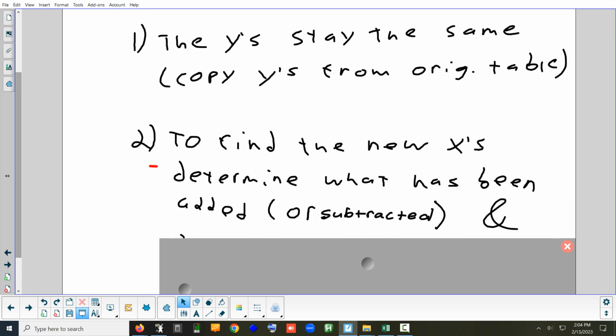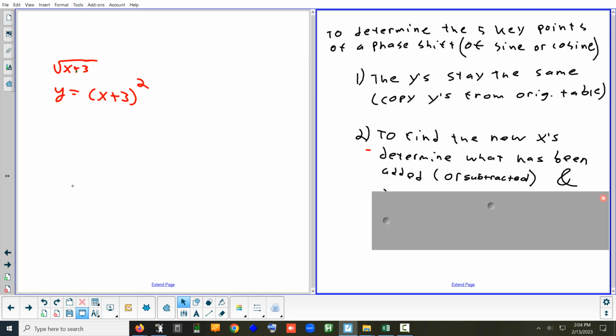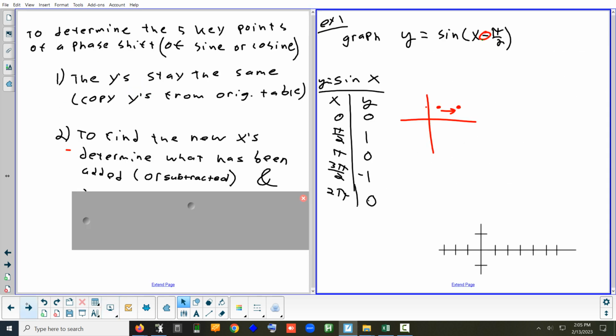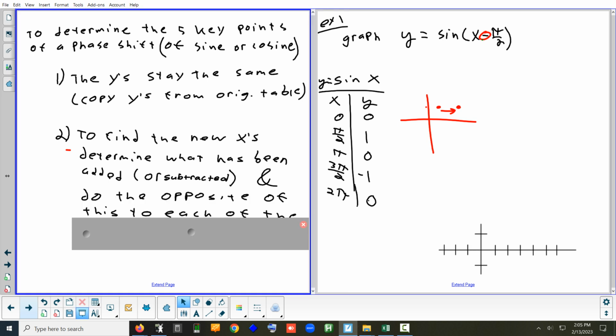So look at your problem and determine what has been added or subtracted. In our case, we have subtracting pi over 2. Do the opposite of that. Because we just said subtraction has to push it to the right. The only way to move something to the right is to add.